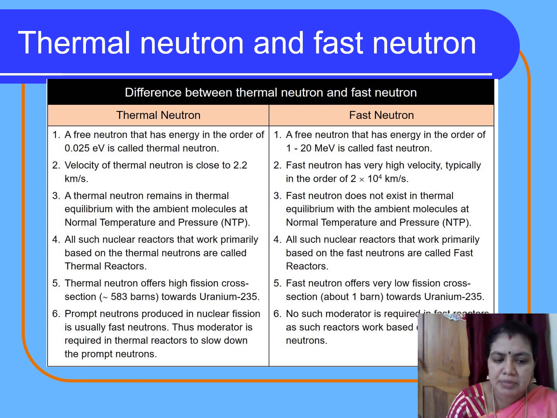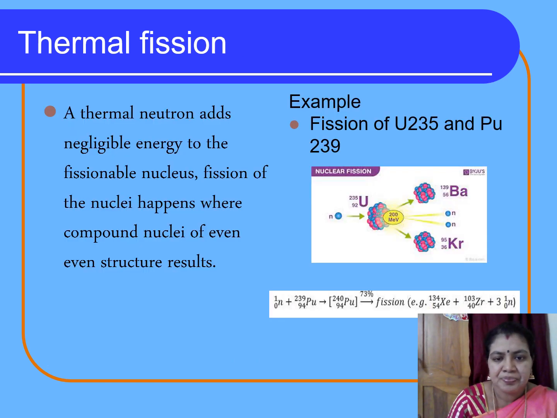Also, thermal neutrons offer high fission cross section towards uranium-235, and fast neutrons offer very low fission cross section. So like this we can differentiate the thermal and the fast neutron.